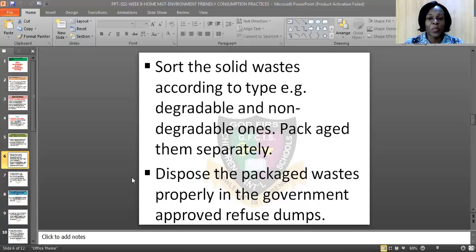Is that taken? So it is high time for us to be doing the right thing at the right time. It is very, very important. Don't dispose of your waste in a gutter or any channel made for rain water or dirty water to pass, because it will block it up and it will affect our environment. Mosquitoes will be everywhere.